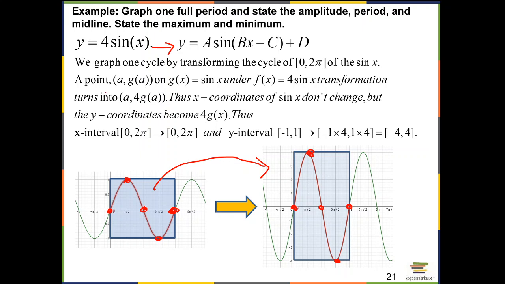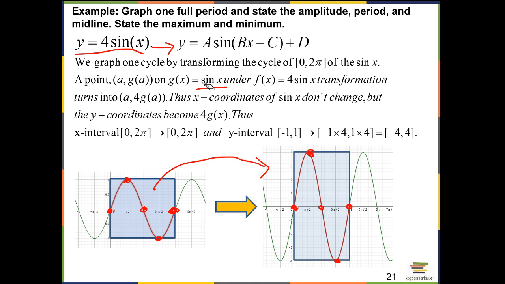Well, we're going to start with thinking of g of x to be sine x, because we usually use f of x for the new one, so I use g of x for sine. So we think of f of x as 4 times sine x. So this graph transforms the sine x. How?